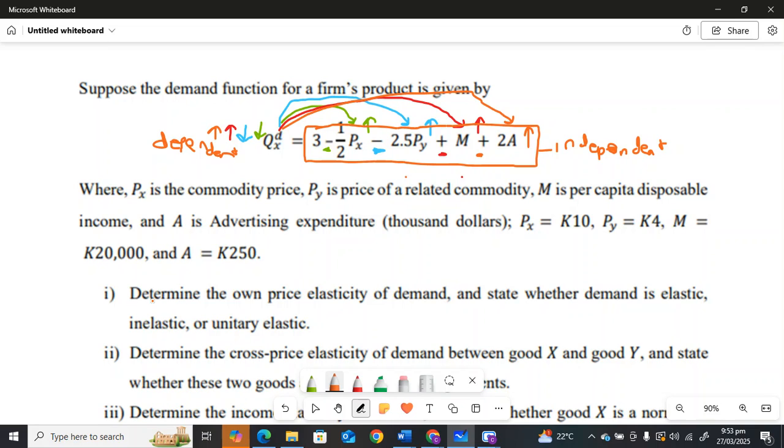Okay, part one, it says determine the own price elasticity of demand and state whether demand is elastic, inelastic, or unitary elastic. So here we don't have our P1s and our Q1s. So we have to use the equation here, right?